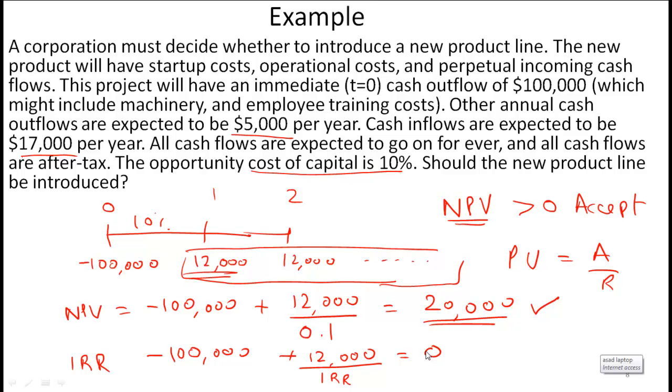When you solve for IRR, you will notice that IRR is approximately equal to 12%, which is greater than 10%, and therefore you accept this project.